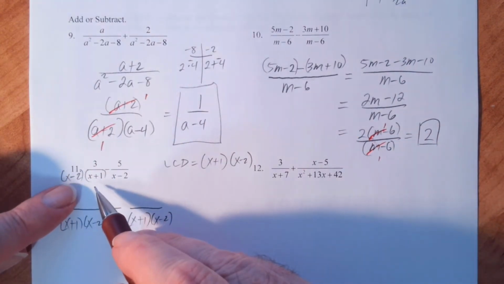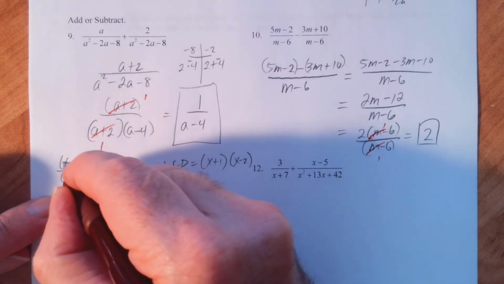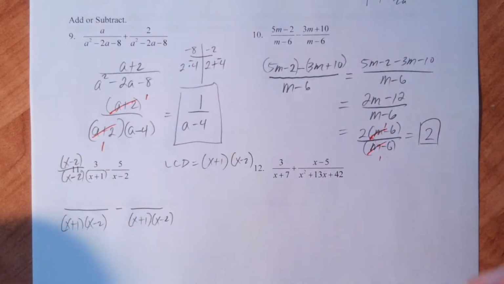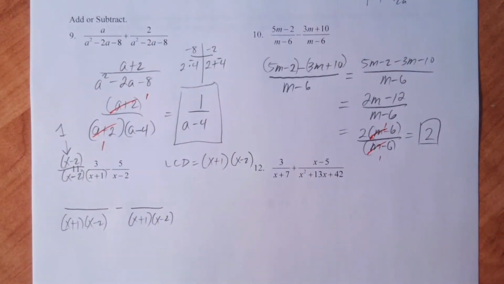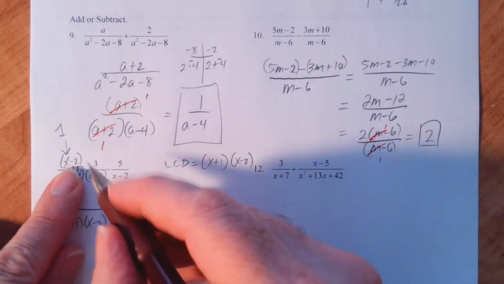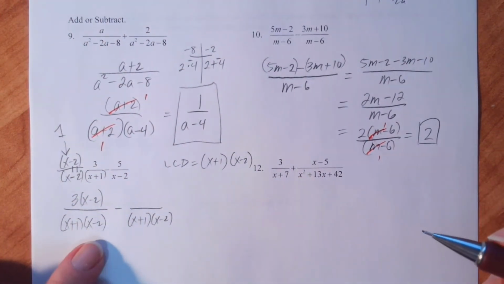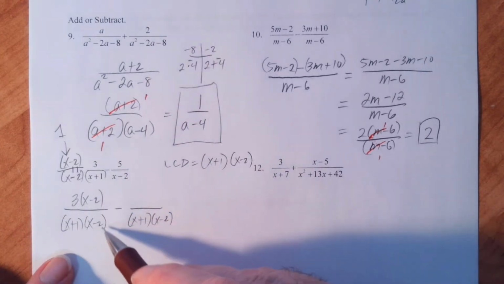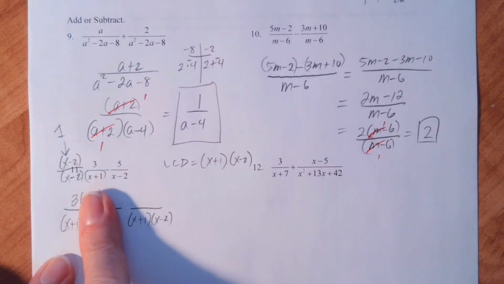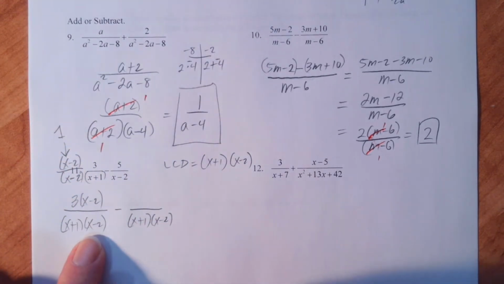Now if I just did that, that would be illegal unless I also multiply the numerator by x minus 2. That's what makes this legal because that's equal to 1. And so we're left with 3 times x minus 2 over x plus 1 times x minus 2. Now notice if we were to cancel the x minus 2, we'd be back to where we started. But remember, the whole point here was to get a common denominator, and so this is exactly what I want.